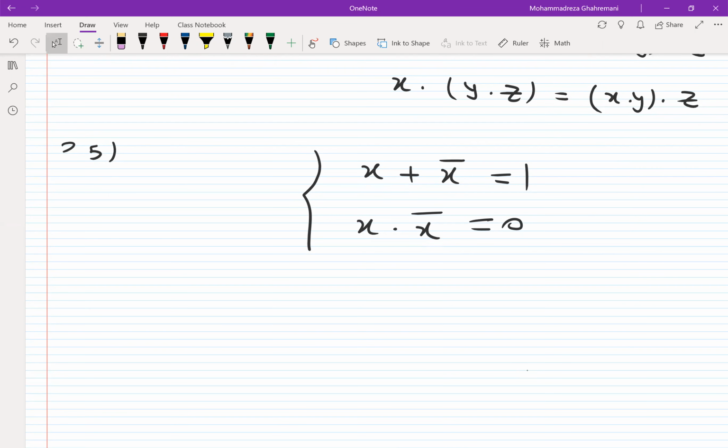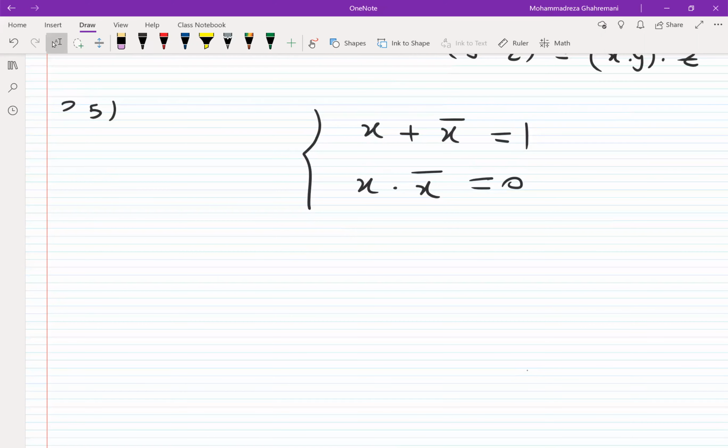But then after learning these postulates, we want to learn some theorems. These theorems help us to minimize the logic circuit. So in order to minimize the logic circuit, we need to use some theorems, the Boolean theorems that I will introduce here.